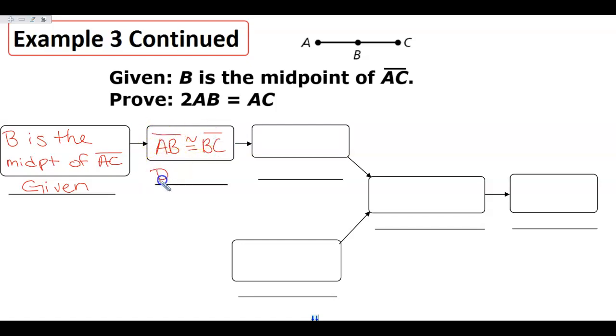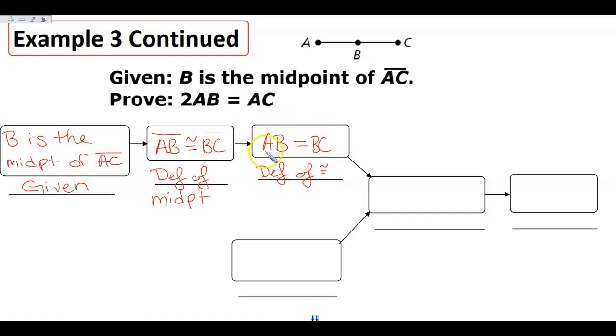That is my definition of a midpoint. Again, make sure that I see the word midpoint here. This is the definition I'm using, not bisect, because it doesn't say bisect here. It says midpoint. If AB and BC are congruent, what does that tell us? It tells us that their measures are equal. So AB is equal to BC. That is our definition of congruence.